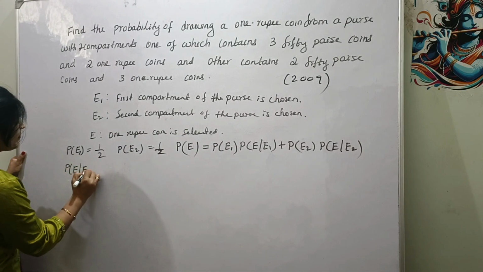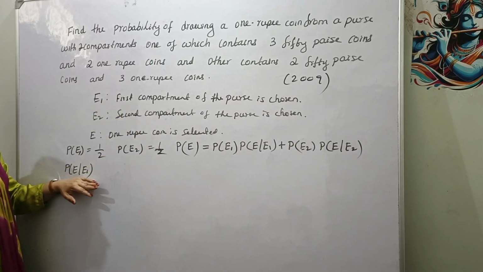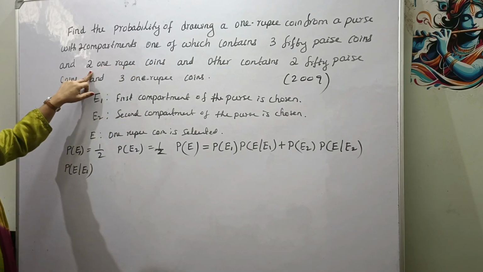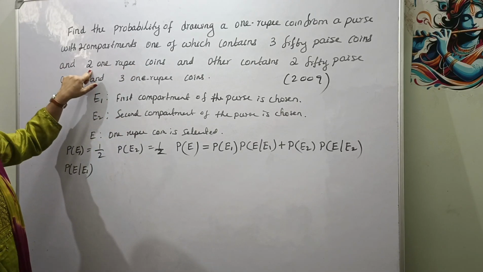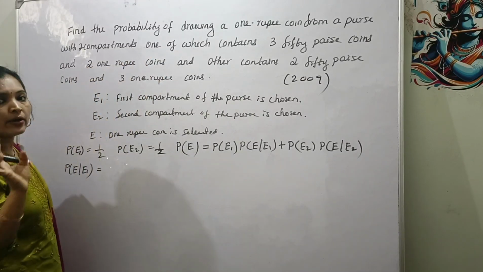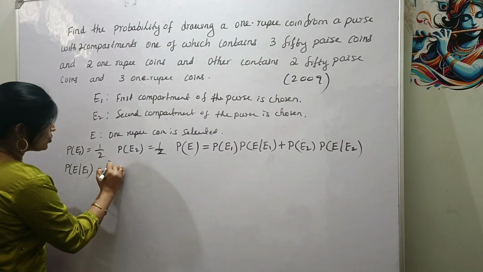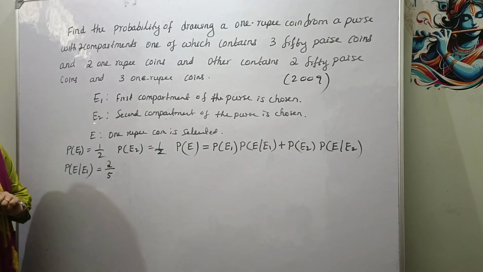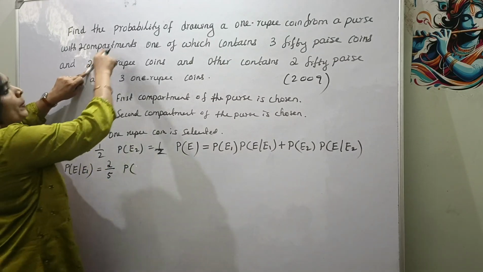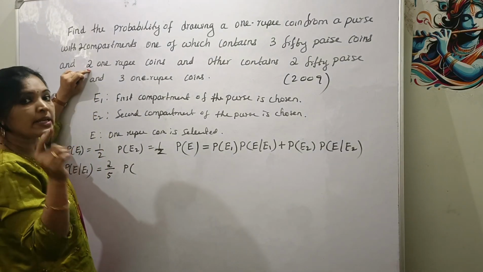Then what is the probability of E given E1? That is the probability that a 1 rupee coin is drawn from the first compartment. How many 1 rupee coins are in the first compartment? 2 coins, out of 5. Sorry, 2 by 5. There are 3 50 paise coins and 2 1 rupee coins, therefore there are a total of 5 coins in the first compartment.